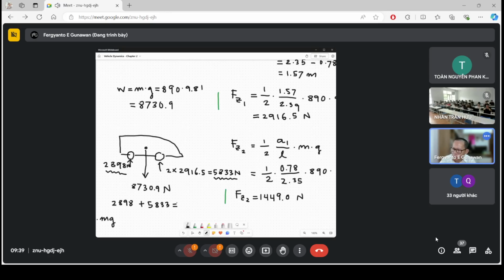This side plus 5,833 gives me around 8,731 Newton, right? So this result is, of course, nearly the same as this result. So these results may be okay, right? So this is how we are going to solve the problem.